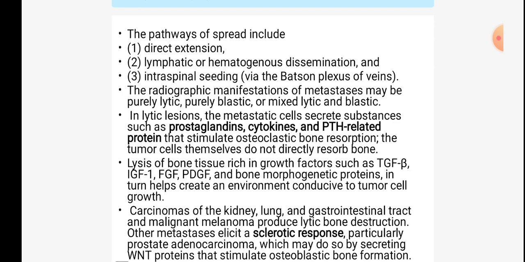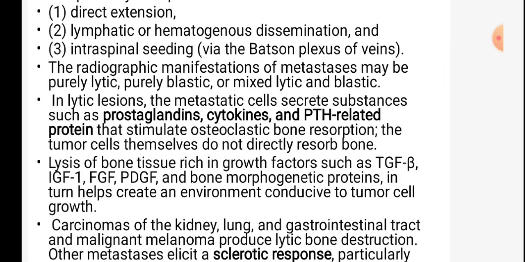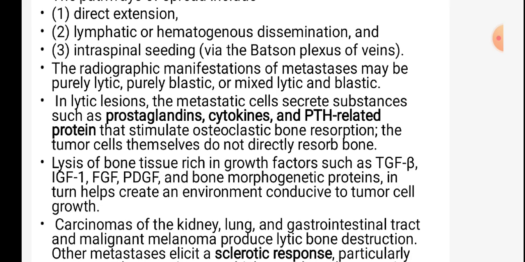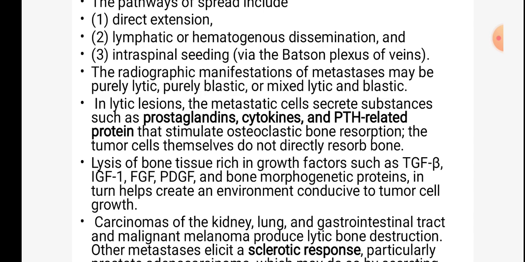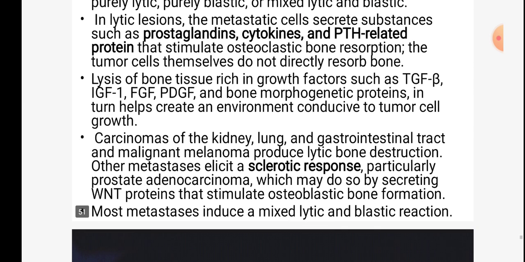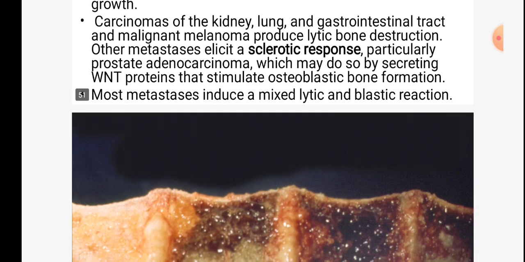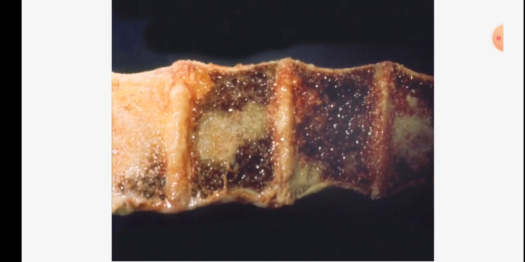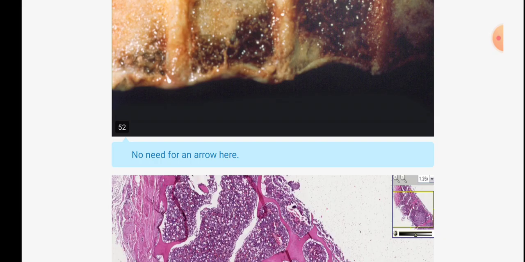These are again the pathways of spread: direct extension, lymphatic, intraspinal seeding. The metastatic cells will secrete prostaglandins and cytokines, so there could be a cytokine storm generated by these cells. This is again the gross finding of this lesion.